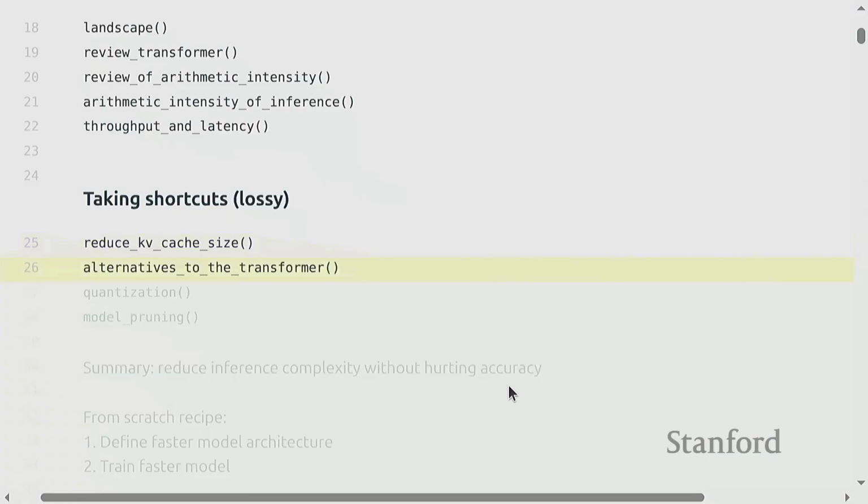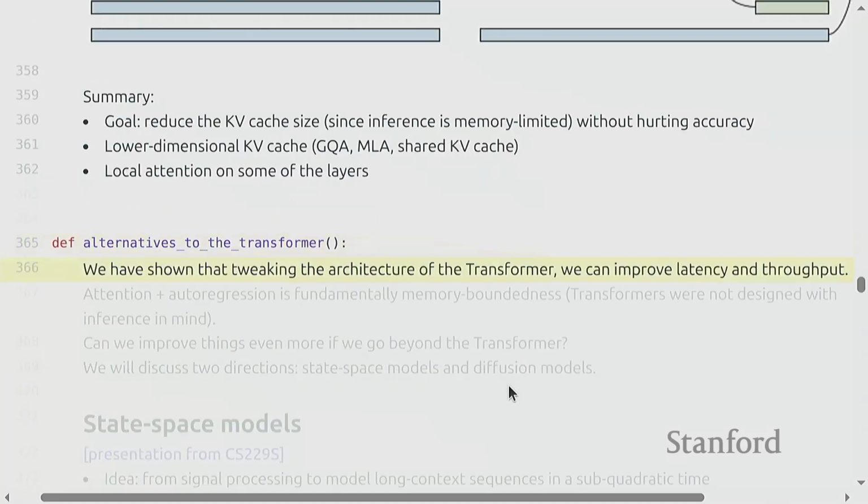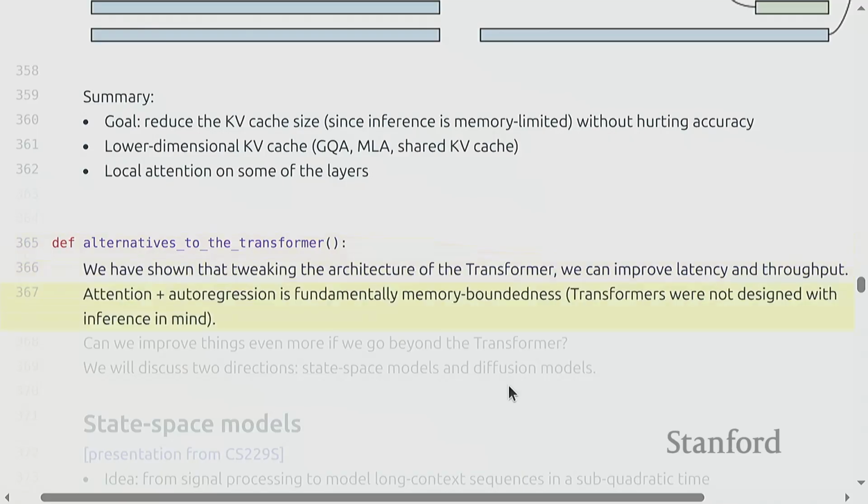Okay, so now I'm going to talk about even more radical ways of making inference go faster by changing the transformer. The KV cache tricks are basically variants of the transformer. But maybe you can actually go outside the transformer and do better, because the transformer wasn't really designed with heavy inference workloads in mind.